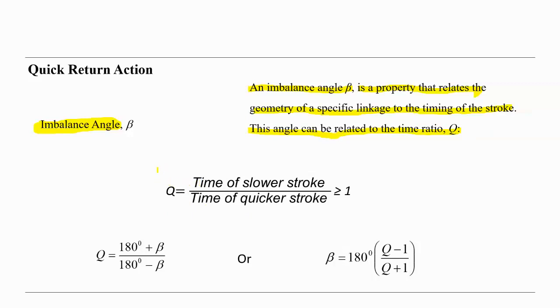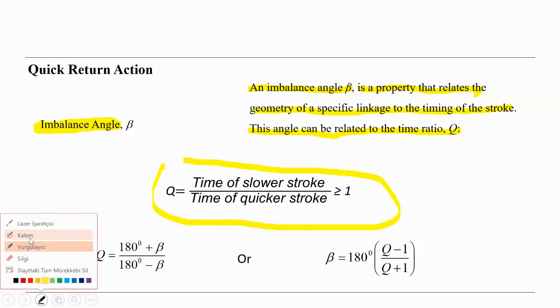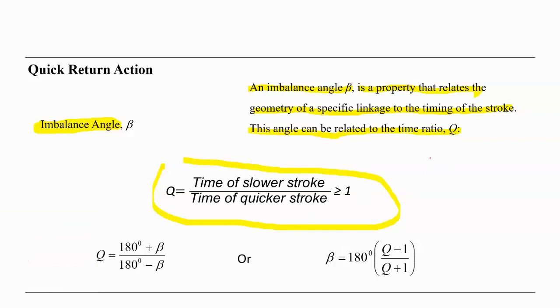So we know from the first equation that Q is equal to time of slower stroke over time of quicker stroke, and must be bigger than or equal to 1. If time of slower stroke over time of quick stroke is equal to 1, in the limit situation, that means time of slow stroke is equal to time of quick stroke.